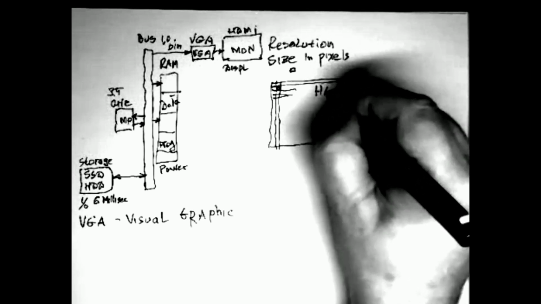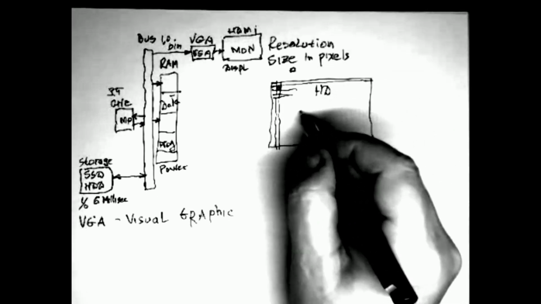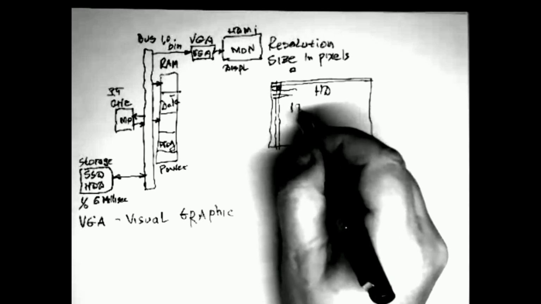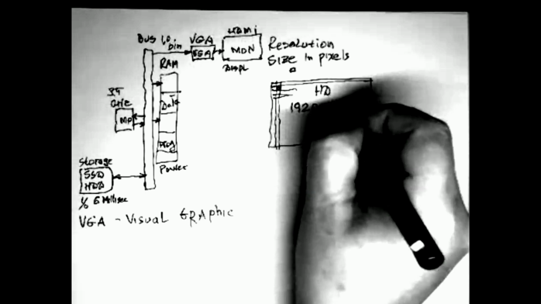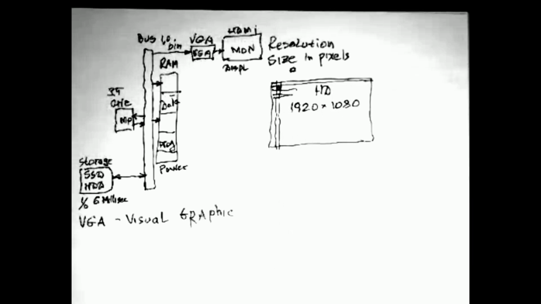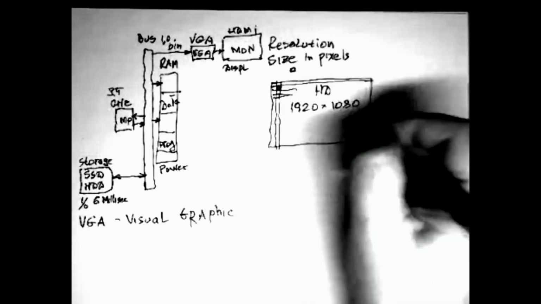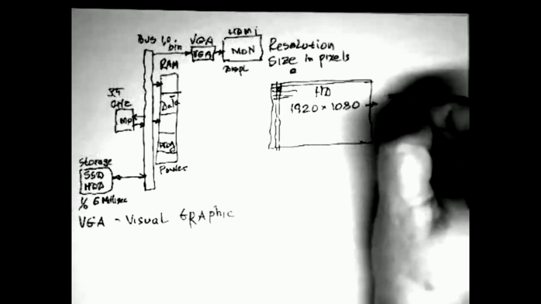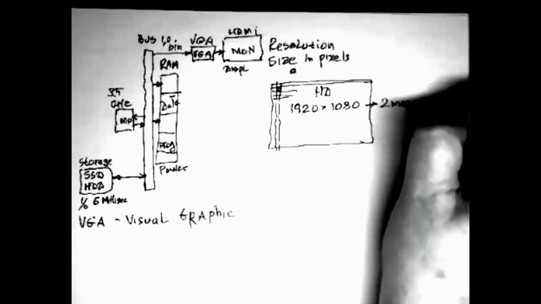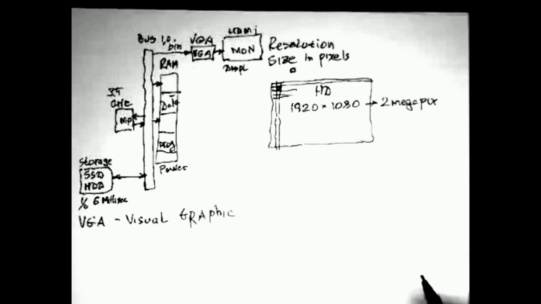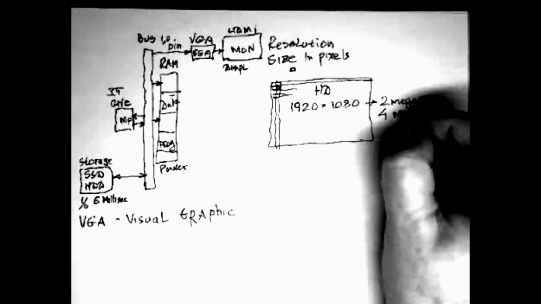If we're talking about a high definition display, HD, that will be 1920 by 1080 pixels. It is 2K, meaning if you multiply it, you will get 2 megapixels. What is 4K, folks? 4K is 4 megapixels.